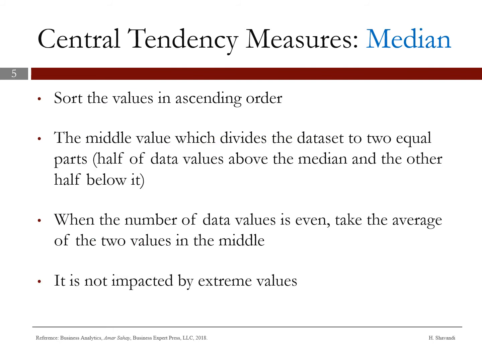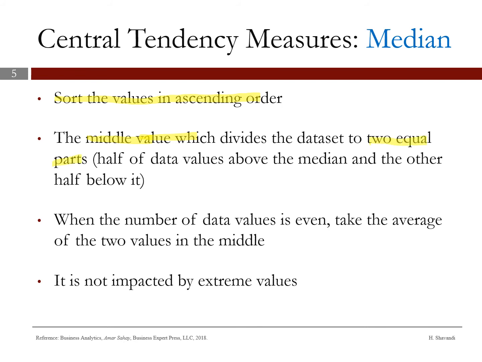The second measure here is the median. The median is the point where half of the data are above that point and half of the data set are below that point. In order to calculate that, we can first sort the values in ascending order, and then the middle value divides the data set into 2 equal parts.